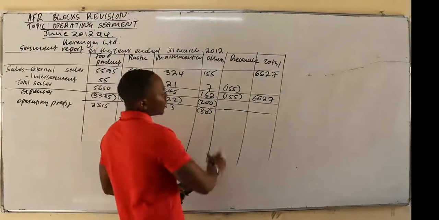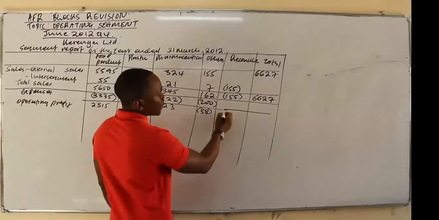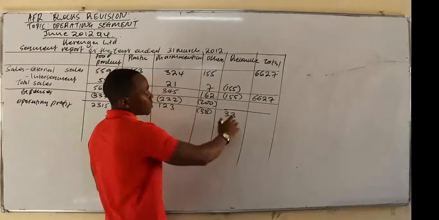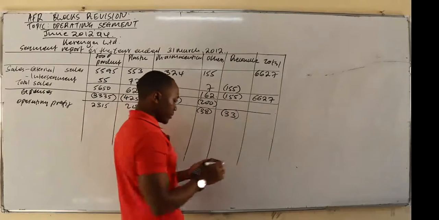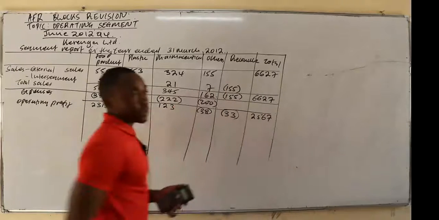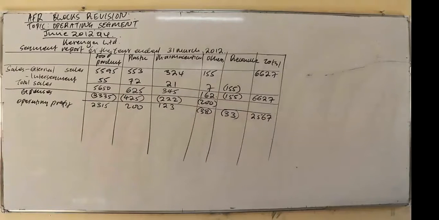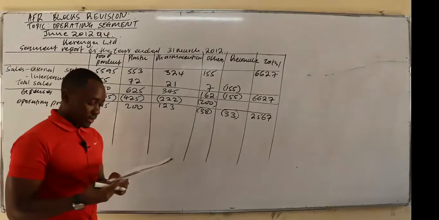But you're told that of that 2600, there is profit which is intersegment, an amount of 33. You take it to the reconciliation and you deduct it. So you deduct 33, and you have 2567.